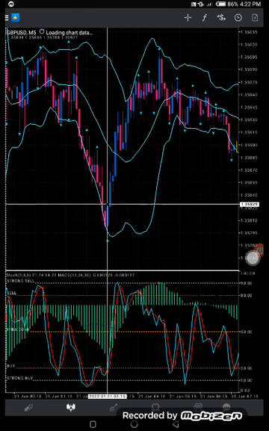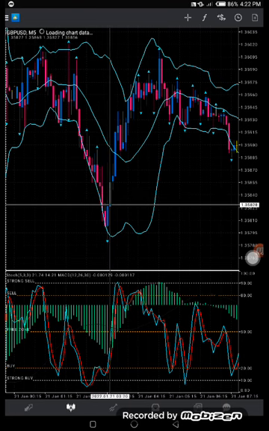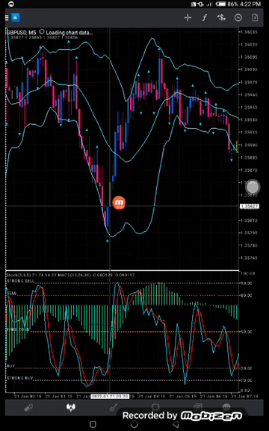Because this market normally is not supposed to do a retest, but if by chance it wants to come back down, that means the market wants to do a reversal.